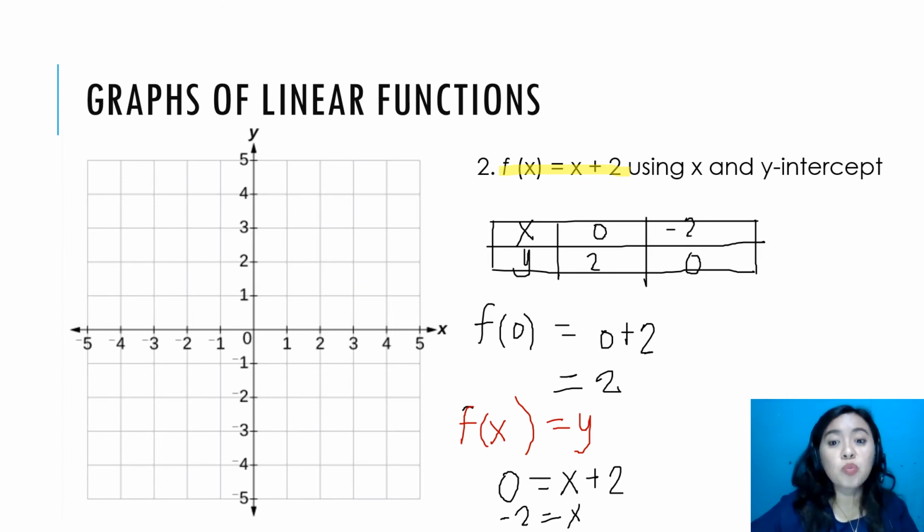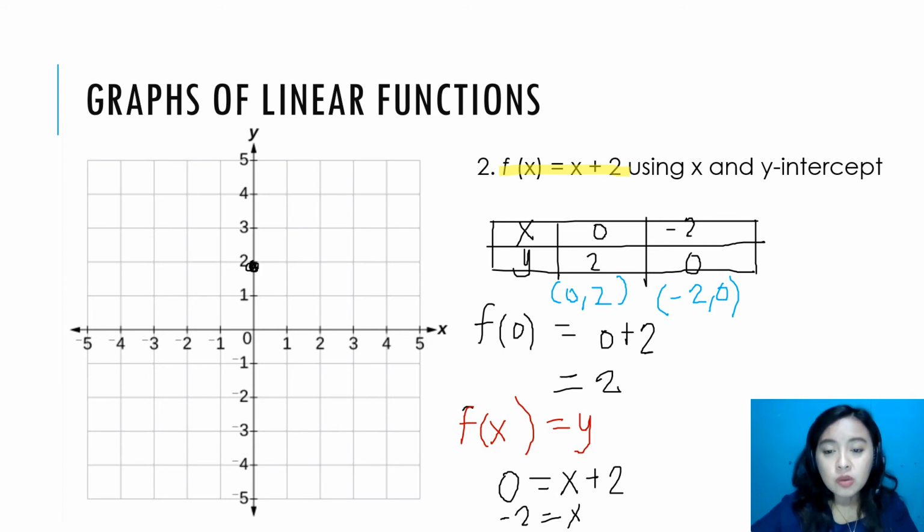Now, let us try to plot these 2 points. So, ang atong first point nga coordinate is 0, 2. For our second point nga coordinate is negative 2, 0. So, let's try to graph. So, 0, 2, we can locate that here.